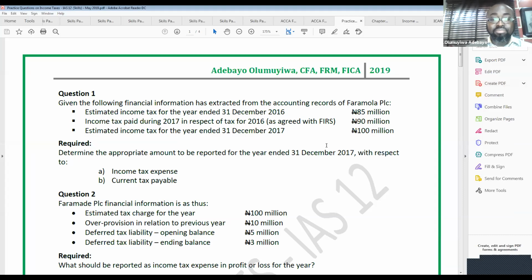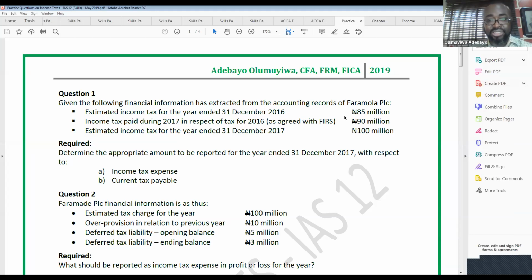Okay, what it simply means is this. We had last year estimated that our tax was 85 million. And this year, FRS came to do examination, and at the end of the day, they discovered that we under-provided by 5 million, which we have agreed and we equally paid the differential alongside with our initial 85 million.